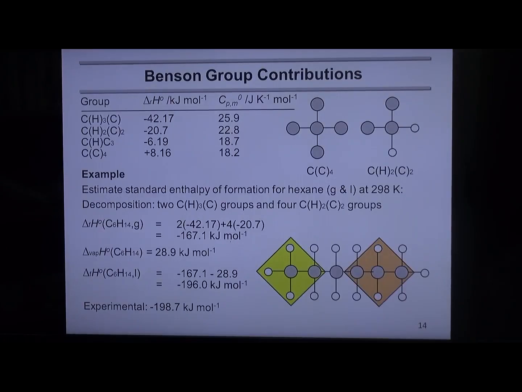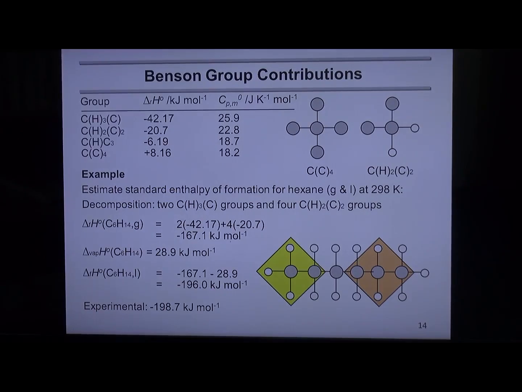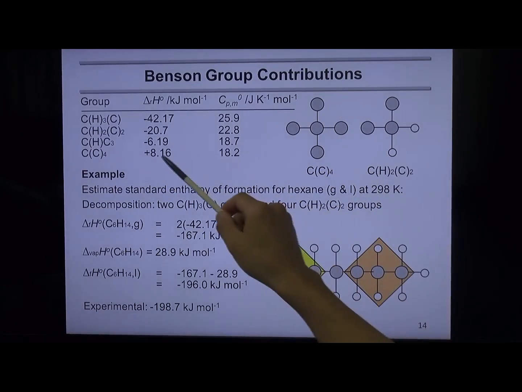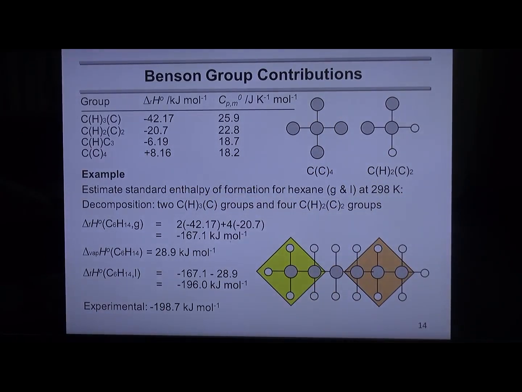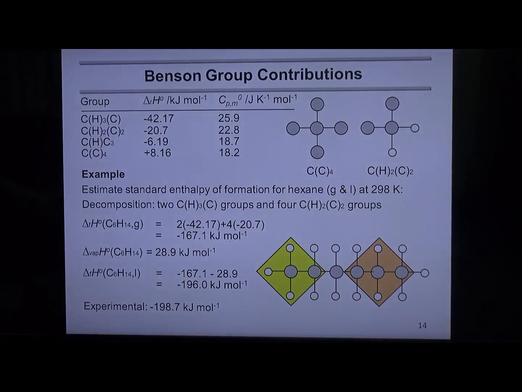So, let's see an example. Here shows the contribution to the standard enthalpy of formation for different forms of bonds. If there are 4 carbon-carbon single bonds as shown here, the standard reaction enthalpy to form this is plus 8.16 kilojoules per mole.